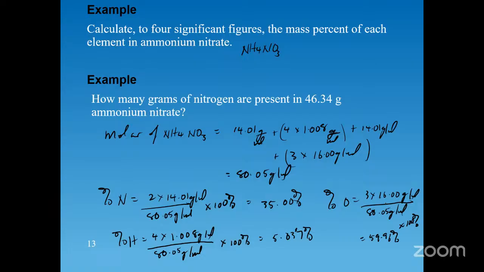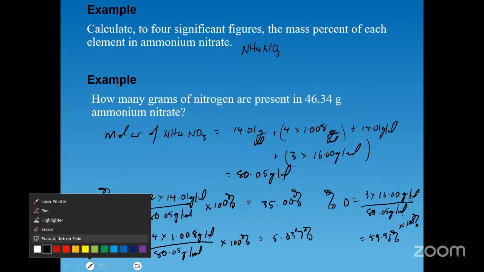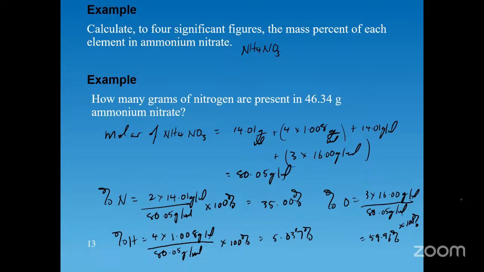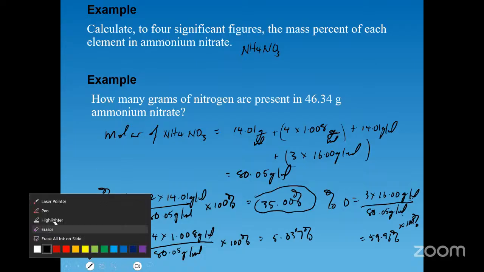Now the second question is asking how many grams of nitrogen are present in 46.34 grams of ammonium nitrate. Now, in order to answer that question, we're going to need this answer right here that we got for the first part, because that gives you the percentage of nitrogen in the compound, right? So all we have to do, let me just erase the top part here.